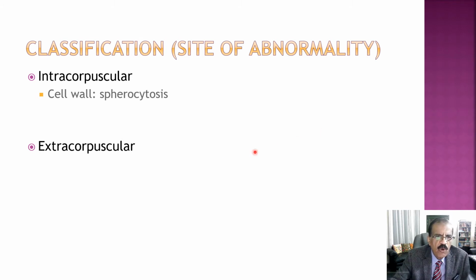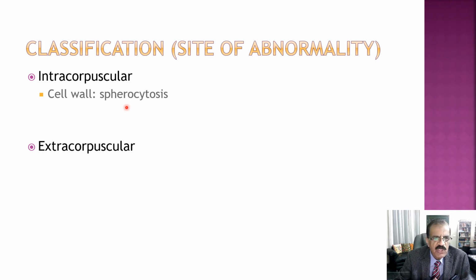In intracorpuscular type, there is one condition called spherocytosis. In spherocytosis, the red cells are fully packed with hemoglobin. They are smaller in size because of some defect in the cell wall. They cannot hold any more water.